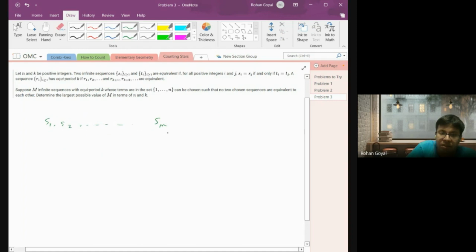Now you can put them in certain groups, right? S1, S2, Sj are in the same group if Si is equivalent to Sk. I can put all of these in the same group if they're equivalent to one another.